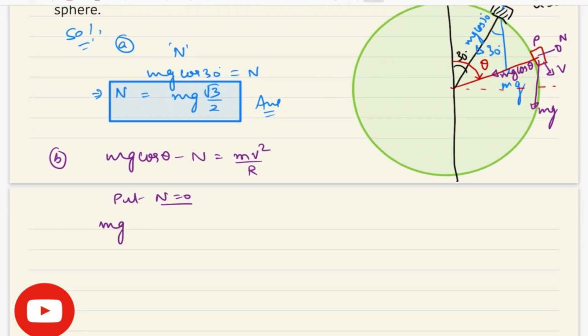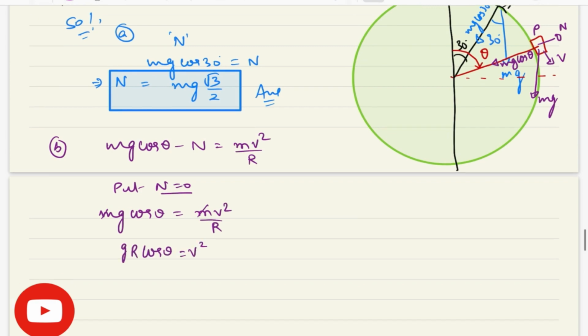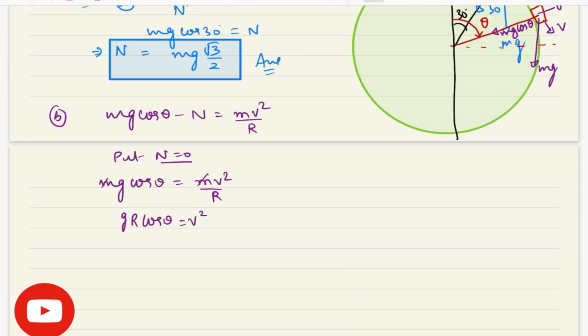So we get mg cos theta equals mv squared upon r. So the m terms cancel each other. This is g r cos theta equals v squared. Let's say this is equation number 1. We will use it further.